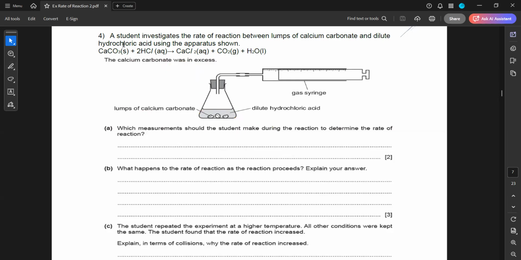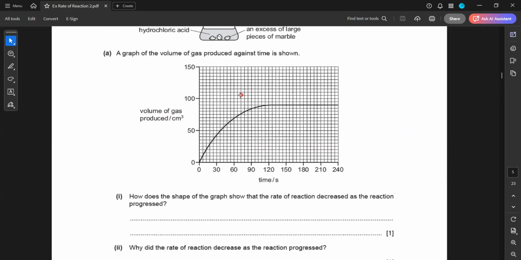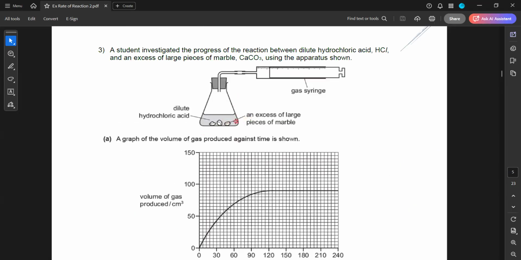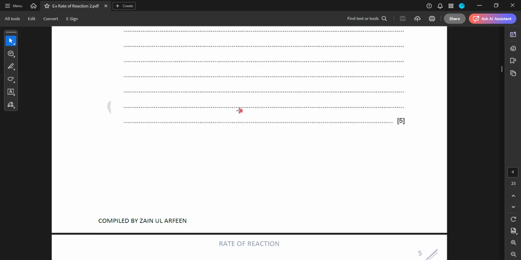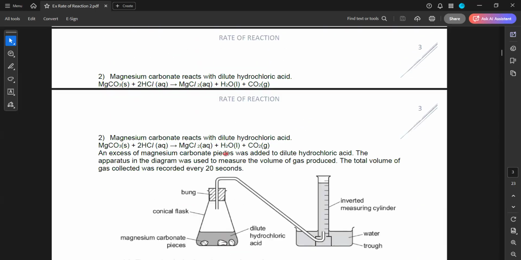The next question. A student investigates the rate of a reaction between lumps of calcium carbonate and hydrochloric acid. These are from different past papers, but you see the same type of question. Here also large pieces of marble react with hydrochloric acid, and large pieces of magnesium carbonate react with hydrochloric acid.